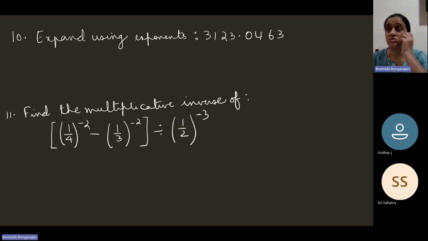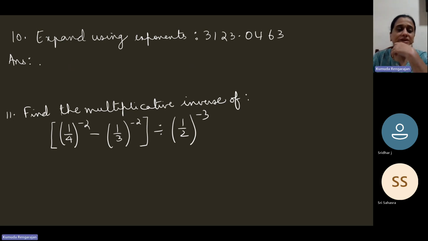First, let's expand using exponents. What's the answer? 3 into 10 to the power 4. Correct.